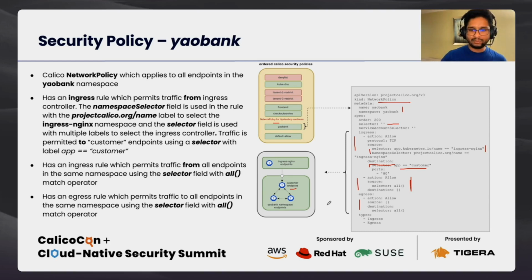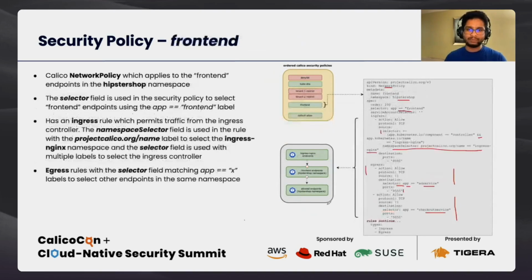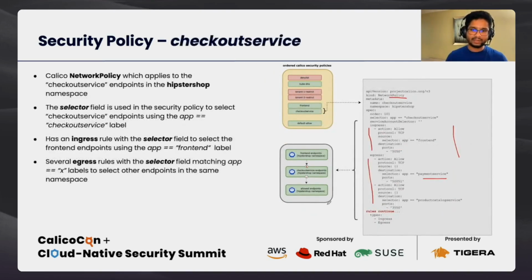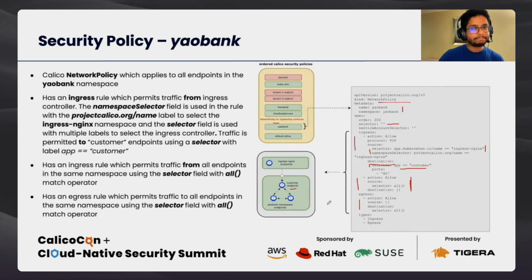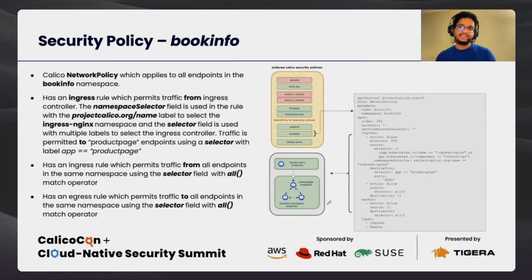This differs from the policies we created for front end, checkout and the services in the Hipster Shop namespace, because those policies were very specific to a group of endpoints, and even when they had to communicate with other endpoints in the same namespace, it had to be explicitly permitted using rules or policies. All right, so moving on to the bookinfo policy, it's a very similar pattern to the Yao Bank.